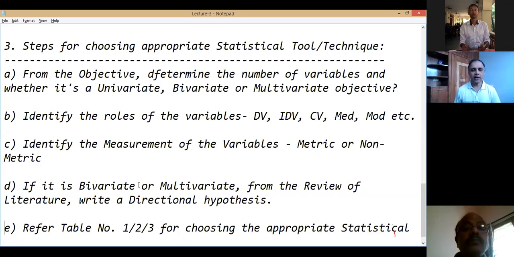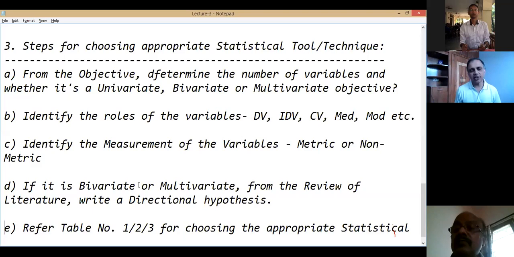Start from the objective, identify the number of variables and whether it's univariate, bivariate or multivariate. If you were present in my previous 2 lectures, we discussed one very important thing: English versus statistics. Statistics thinks differently than English. Simply 2 will not constitute bivariate here. In the English language, whenever it's more than 1, we say singular and plural.